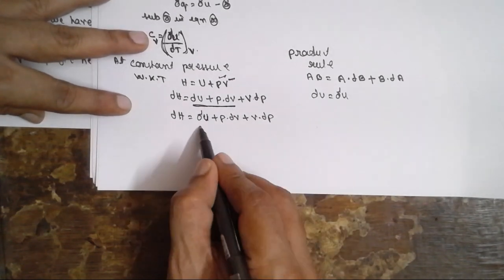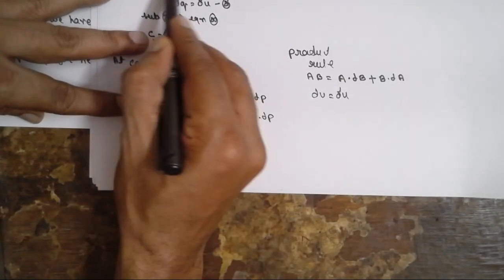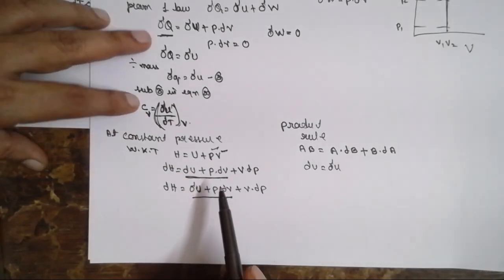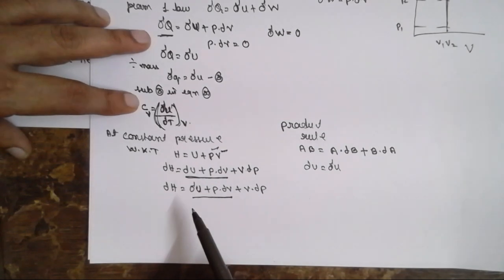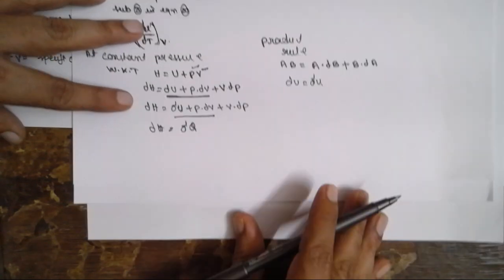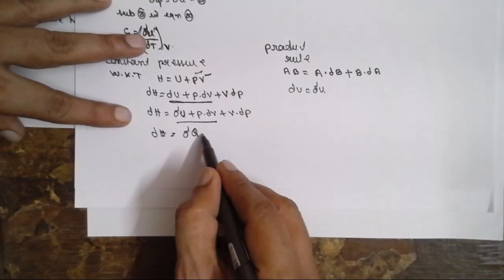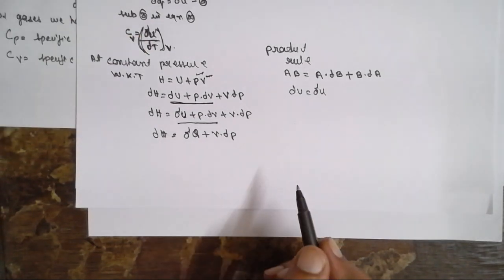Here delta U plus P into dV is nothing but delta Q. So dH is equal to delta Q plus V into dP.